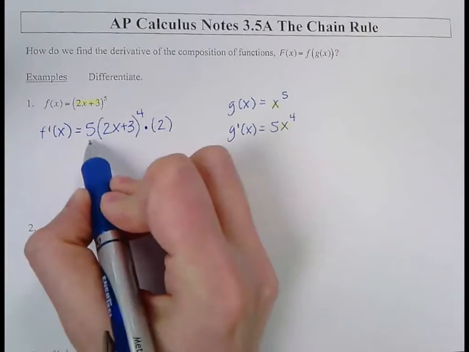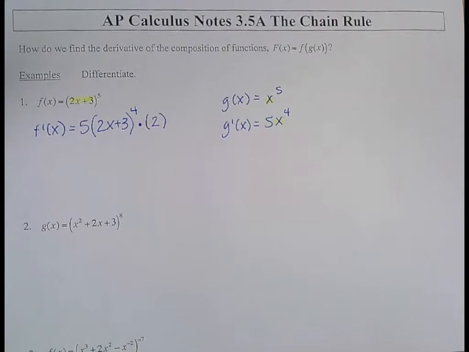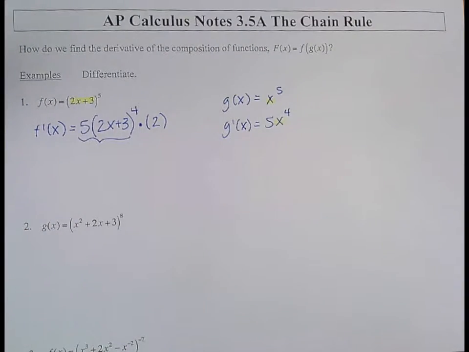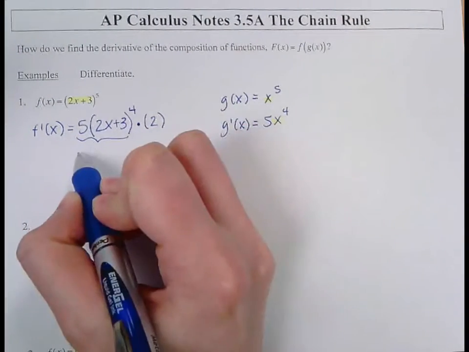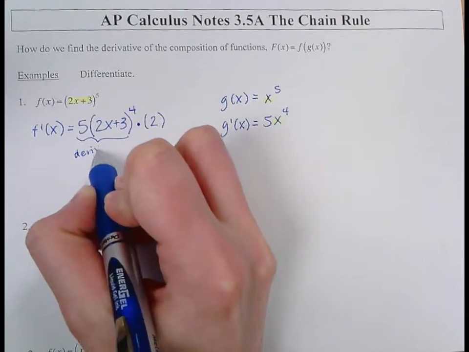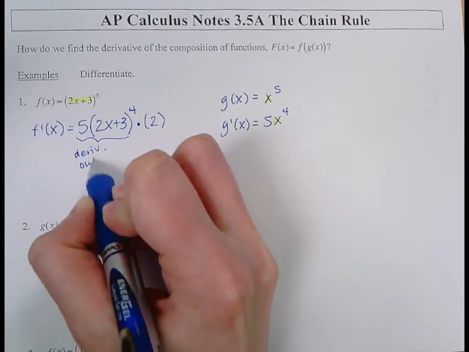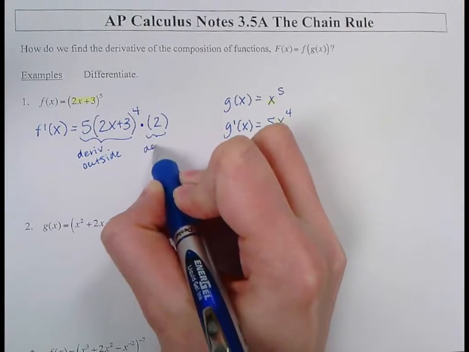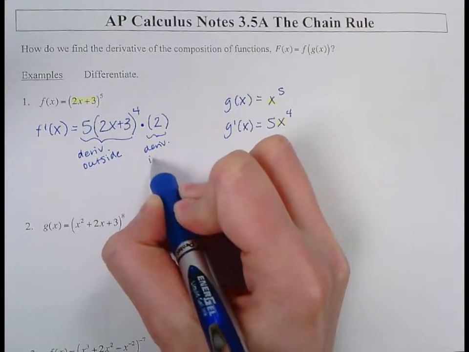Okay, so setting this up, I've had students in the past, rather than calling it the chain rule, I mean, you need to know that's what it's called formally, they call it the inside-outside rule, or the outside-inside rule, because you have the derivative of the outside, derivative of the inside. So this piece would be the derivative of the outside, and then the 2 is the derivative of the inside.